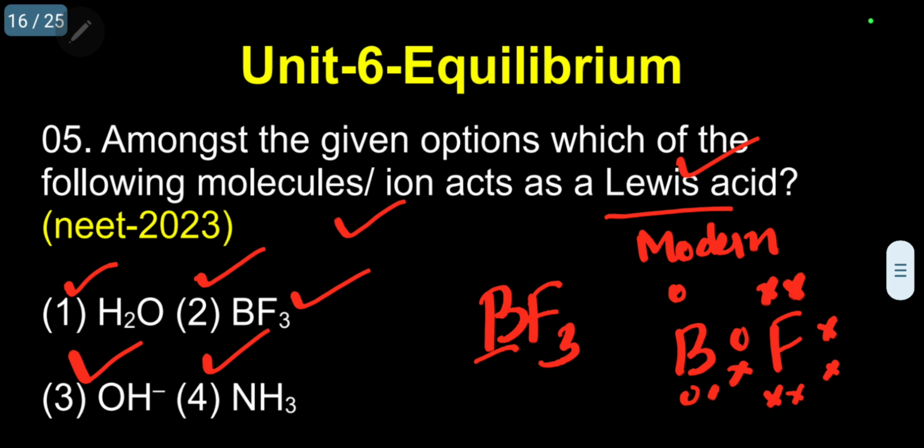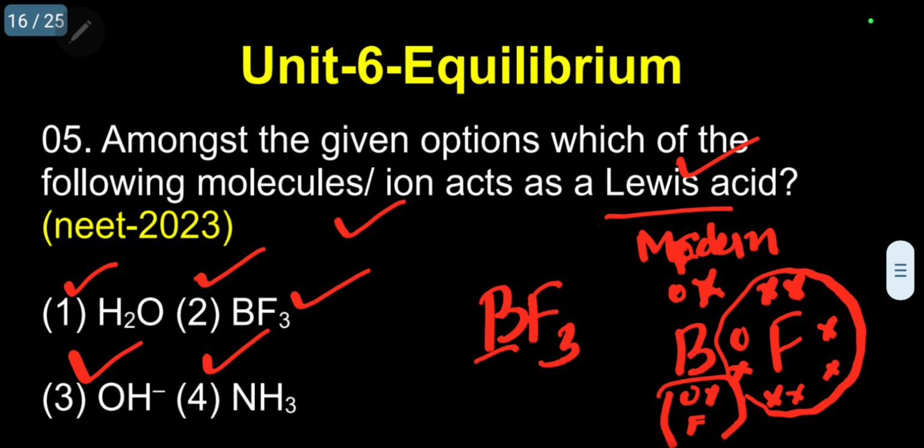Say this again here, F, and here also F. So if you just look at the surrounding fluorine, 6 electrons, the same way here also 6 electrons, 8 electrons, and here also F, it is 8 electrons.